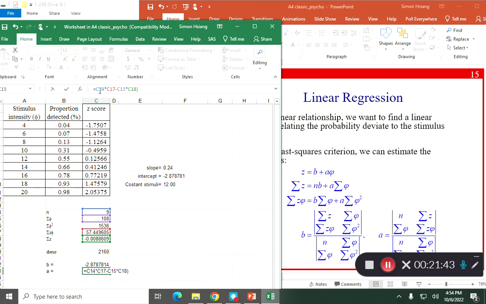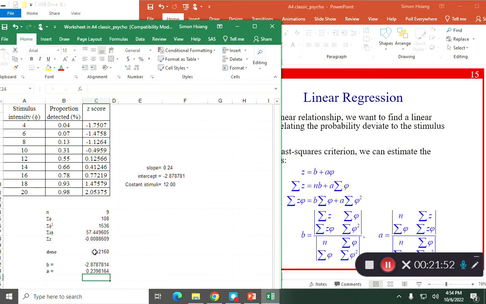And this whole thing is divided by your denominator.